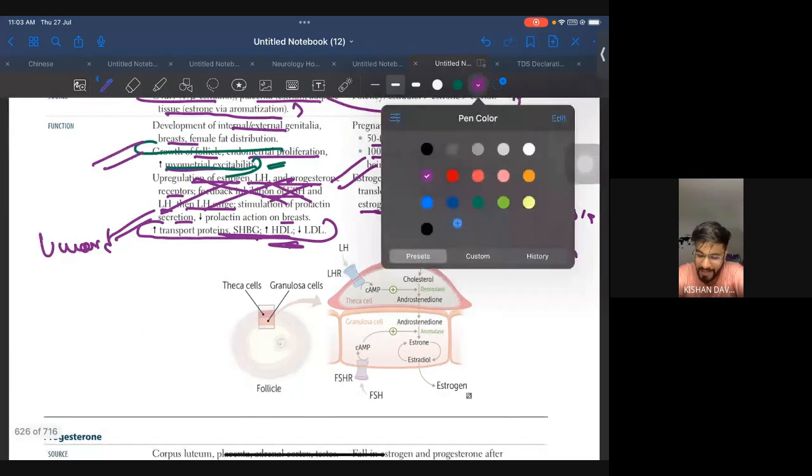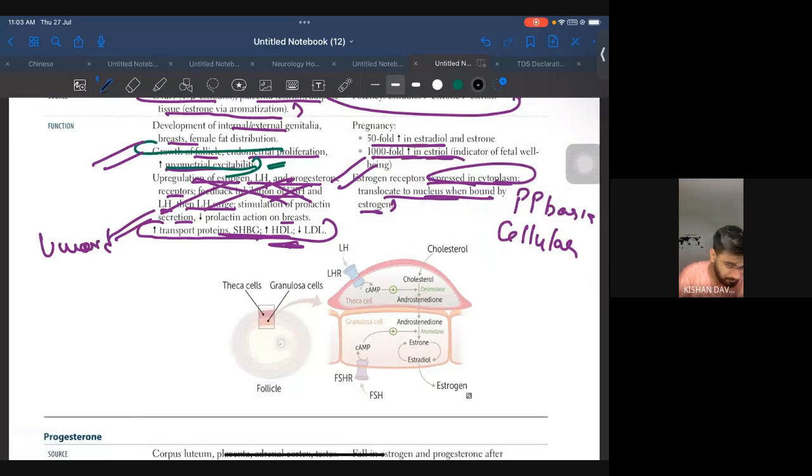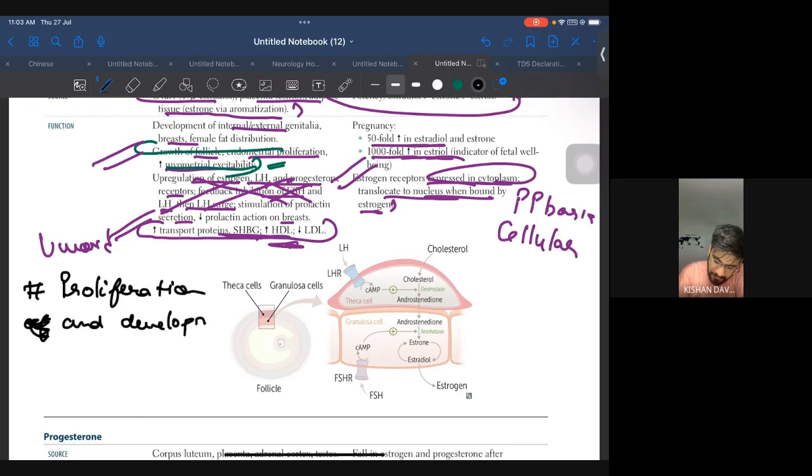Now two important lines that I want you to write down are the functions of estrogen, how the questions are most commonly asked and on what. First: proliferation and development of ovarian granulosa cells. This is the first function you have to be aware of.